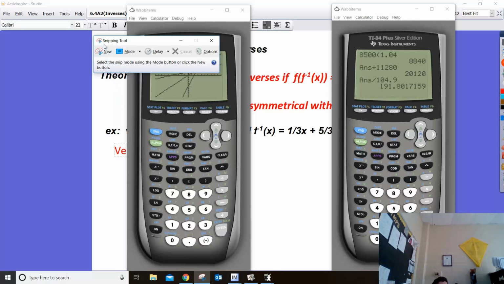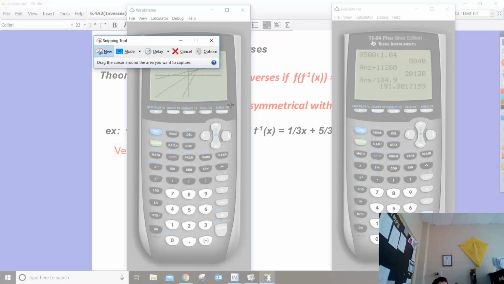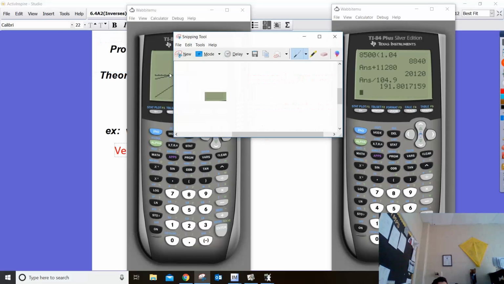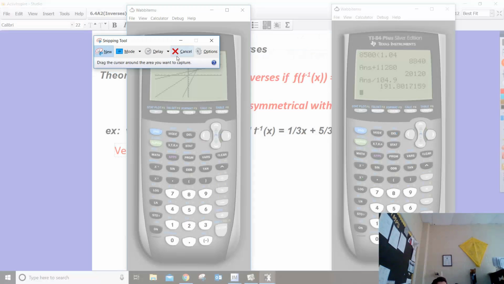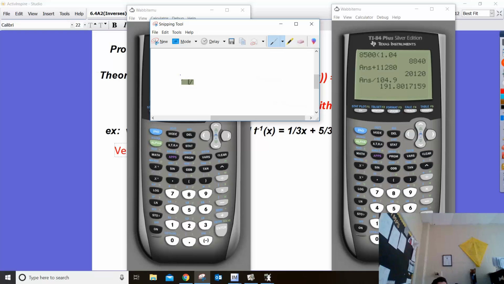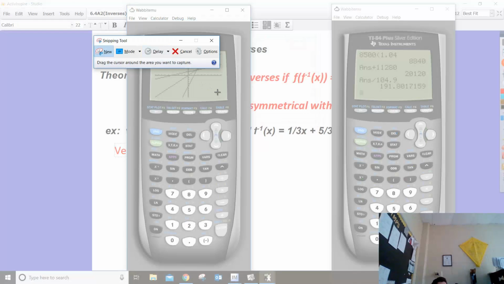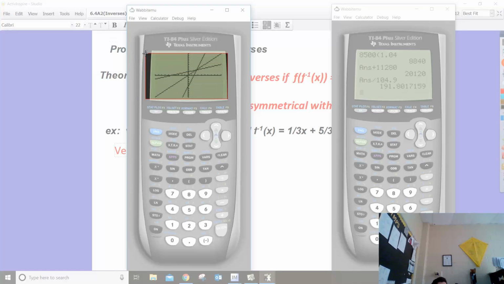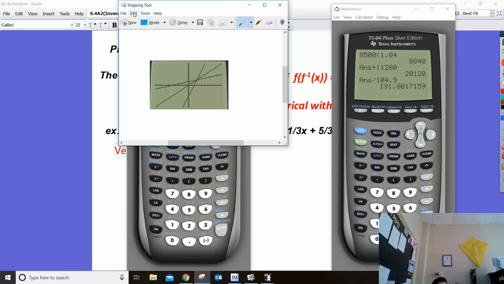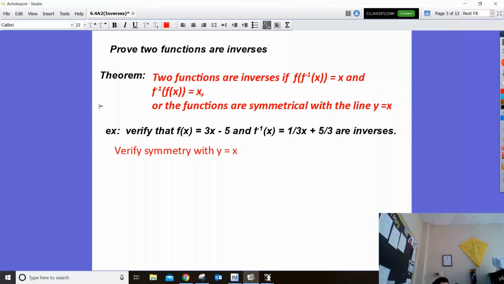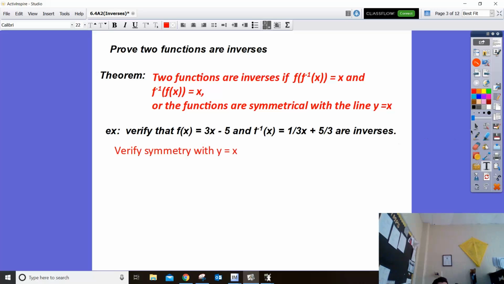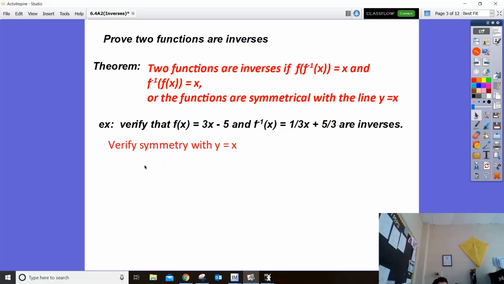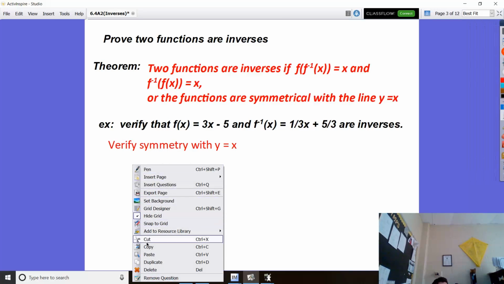Yes, the calculator has that ability. I'm well aware, Sean. There's a reason I don't talk about it. The reason I don't talk about it is because the inverses on your EOC are in the non-calculator part.